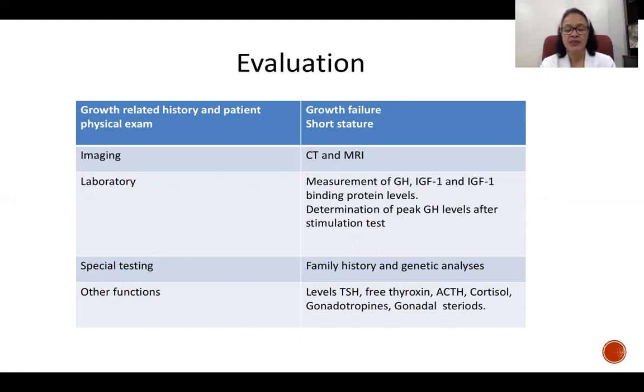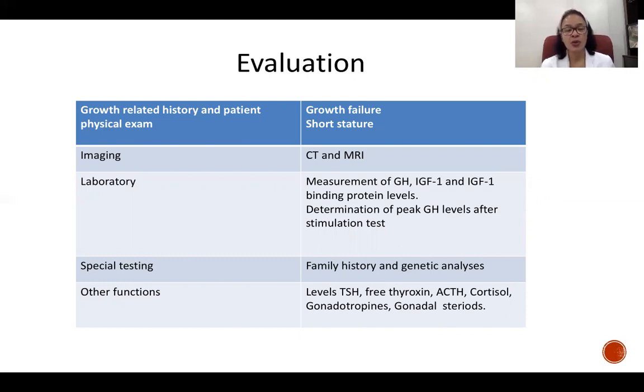So the 6 anterior pituitary hormones, your growth hormone, prolactin, LH, FSH, TSH, and ACTH, as well as the target hormones, can be measured via sensitive and reliable immunoassay techniques.